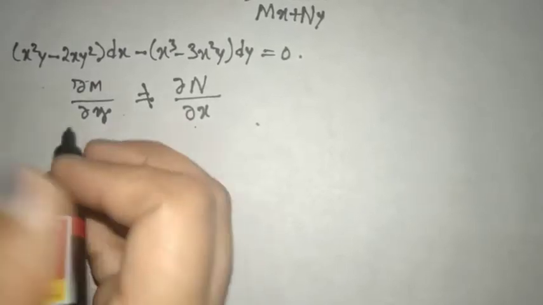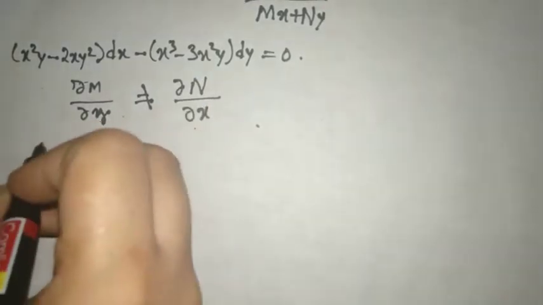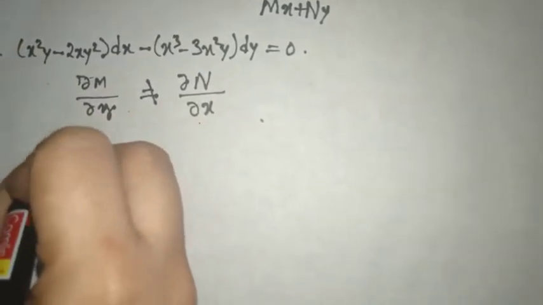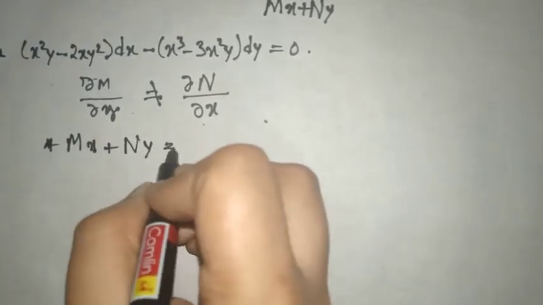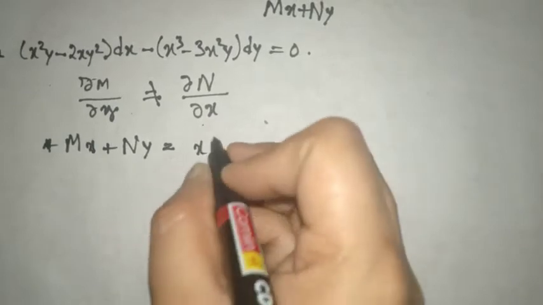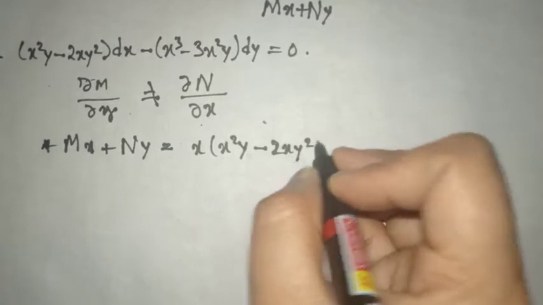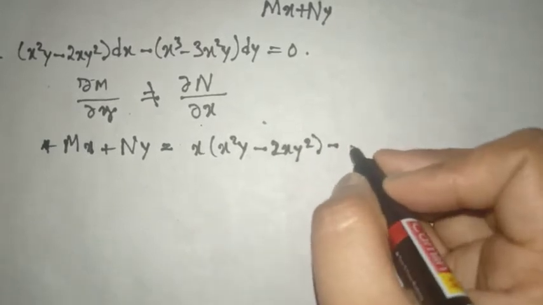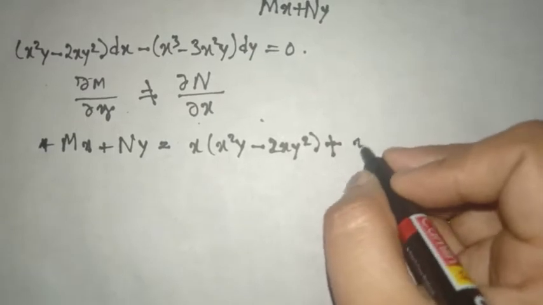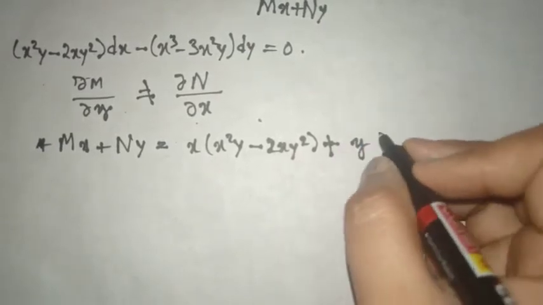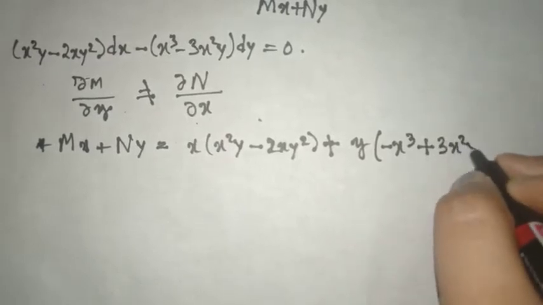Now, because this is homogeneous, we will find Mx plus Ny. So Mx plus Ny is equal to x into (x square y minus 2xy square) plus y into (minus x cube plus 3x square y).